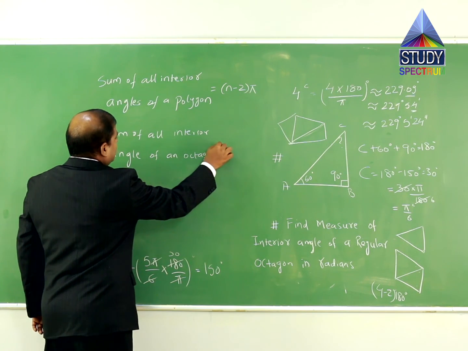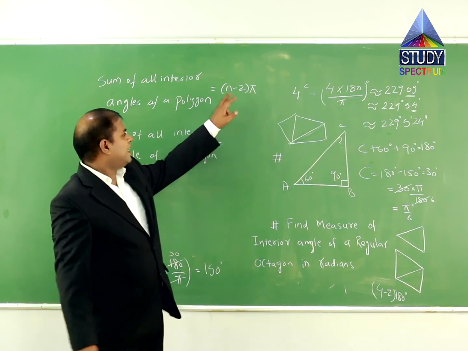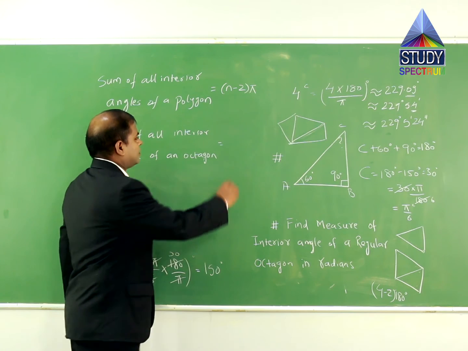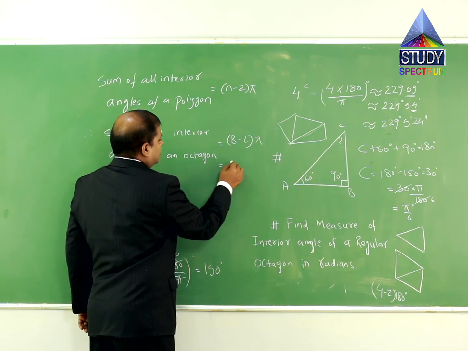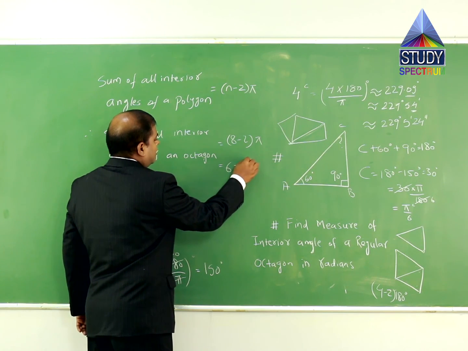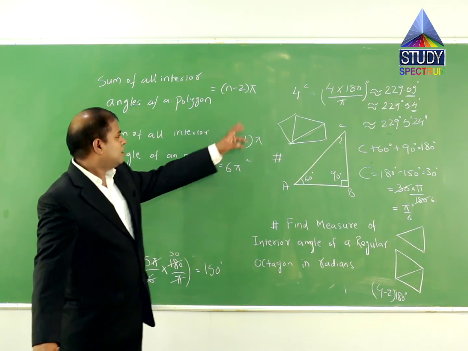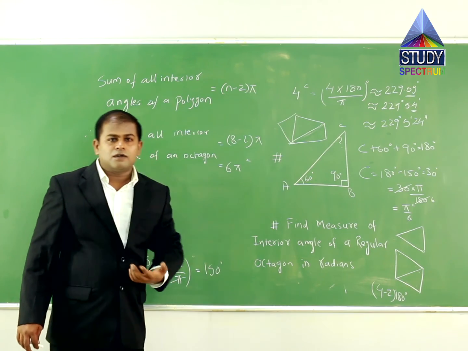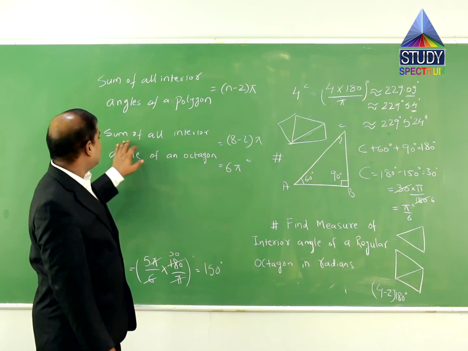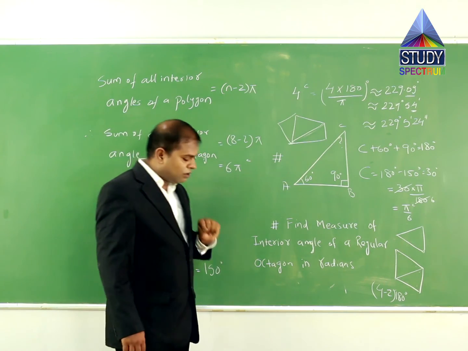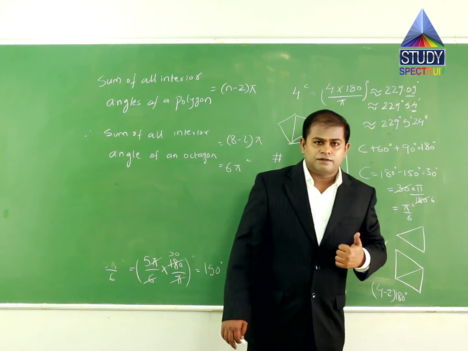An octagon has how many sides? 8 sides. 8 minus 2 into pi. That is 6 pi radians. Remember, if nothing is written, then it is understood to be radian measure. Right? So 6 pi radians is what? The sum of all interior angles of an octagon.